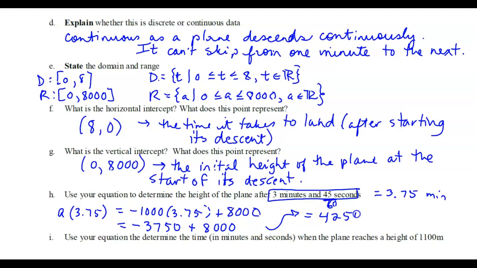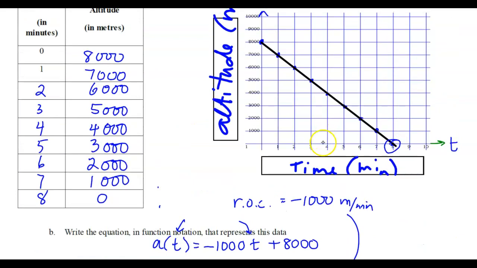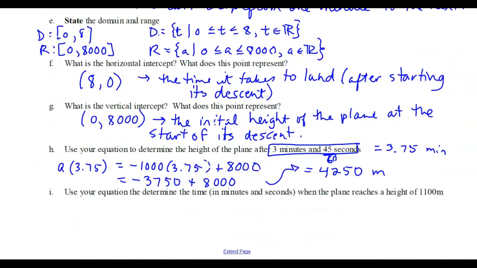And we can check our graph to see if that makes sense. So if I go back up here, 3 3/4 looks a little more than 4,000, which it is.